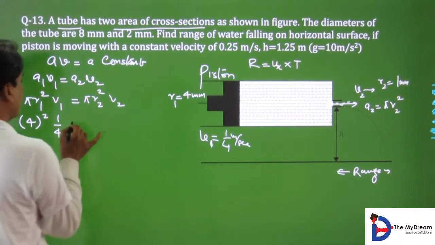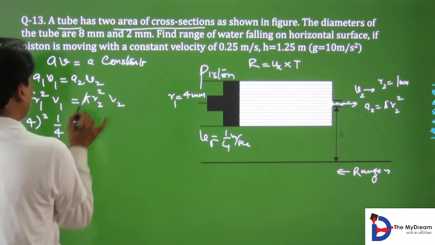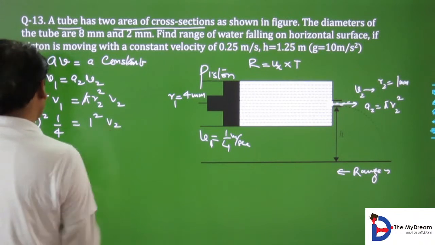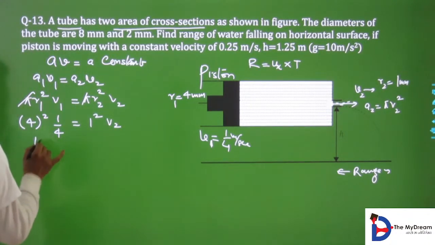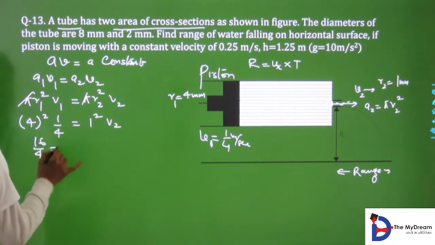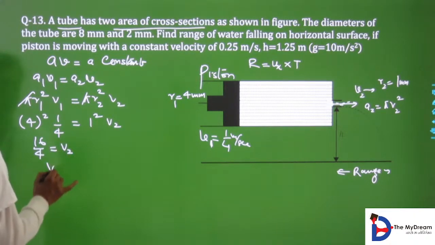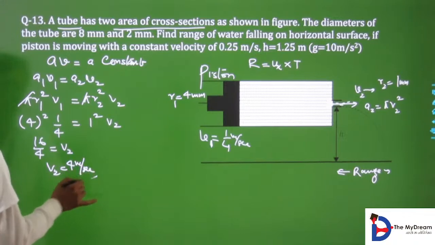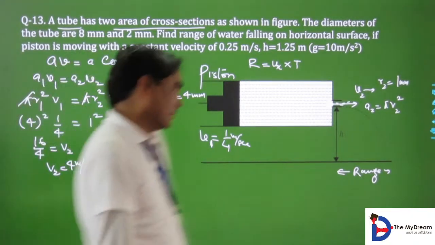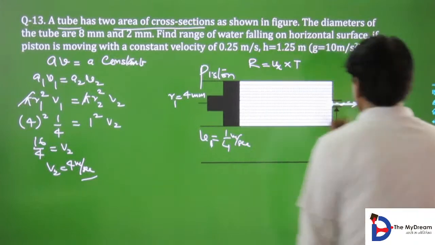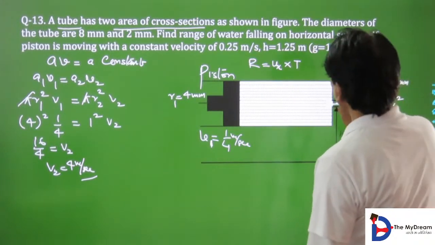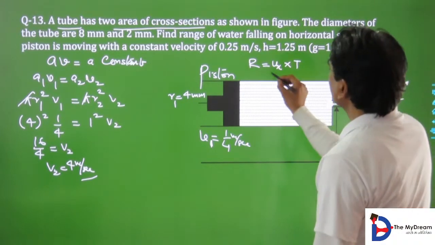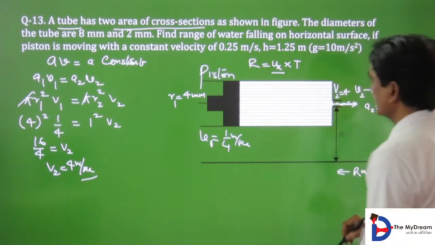Square of this, pi cancelled, this is 1 square, this is V2, 16 divided by 4, then you will get 4 meters per second. And this is the velocity, this one. This is the V2, 4, which is equal to Ux.